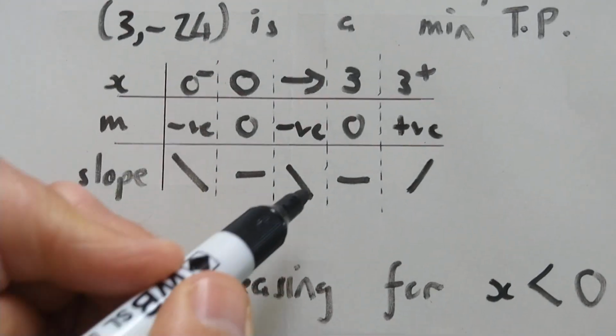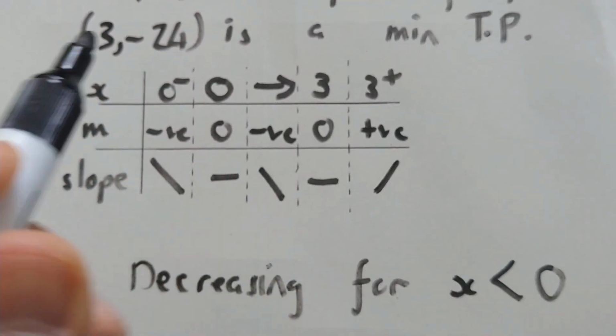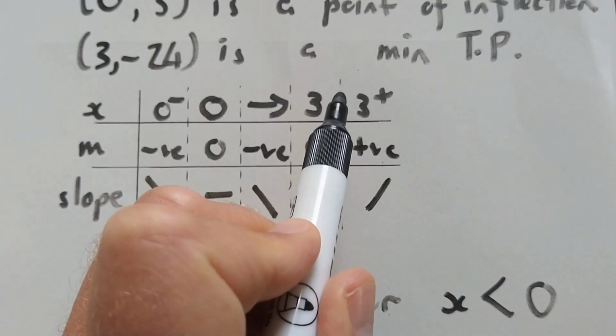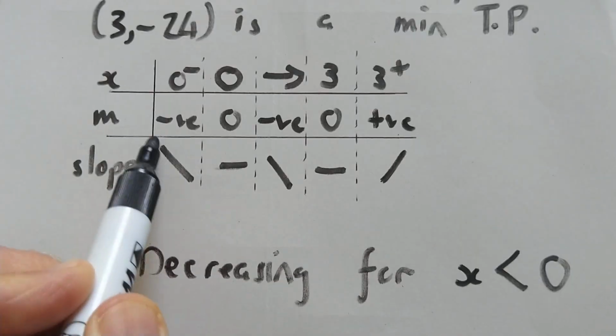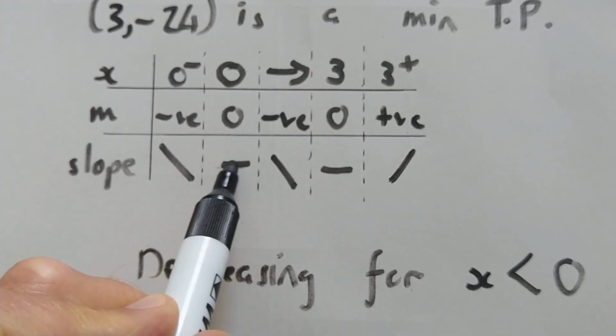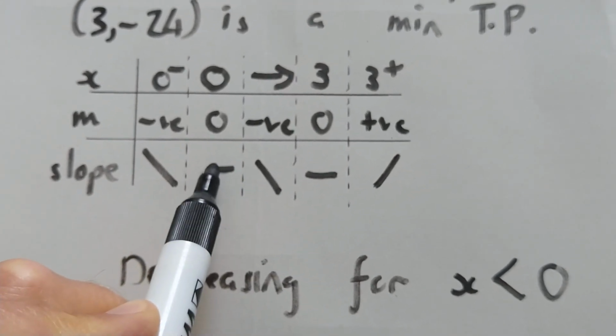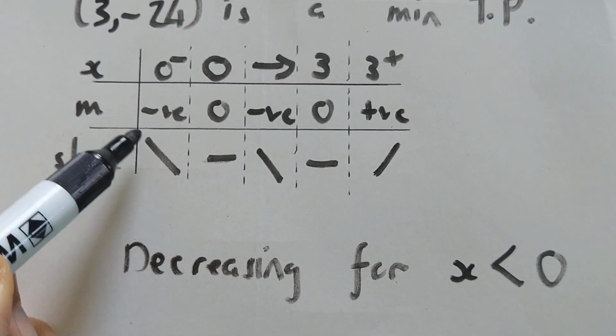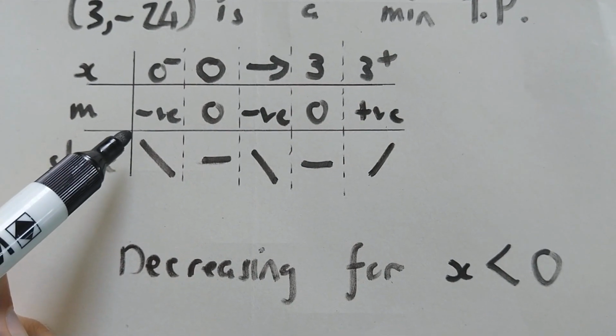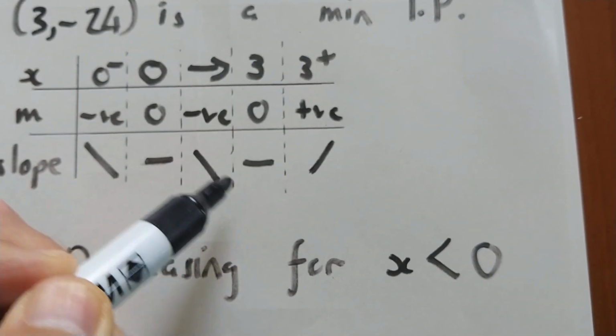It's also decreasing here. Now, please don't just say, oh, it's decreasing for all x is less than 3, because at this instant, it's not decreasing. It's decreasing here and here, but momentarily at x is 0, it was not decreasing. So we're saying it's decreasing to the left of 0 when x is less than 0. It's decreasing between 0 and 3.